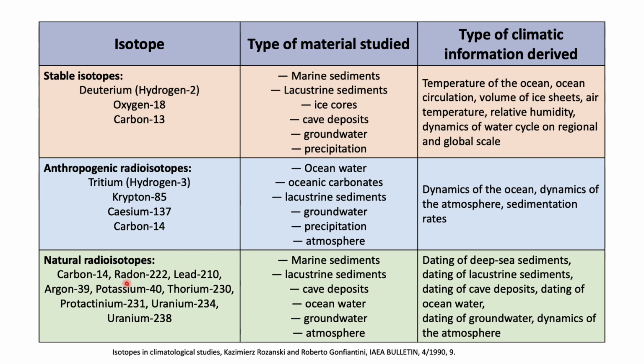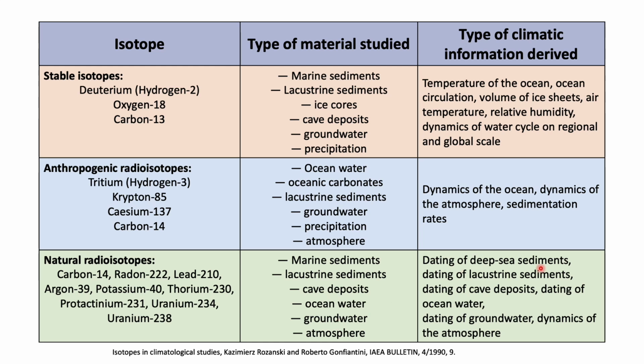And there are other natural isotopes, which are carbon 14, radon 222, lead 210, argon 39, potassium 40, thorium 230, protactinium 231, uranium 234 and uranium 238. So these are all the natural isotopes. These can also be used to study marine sediments, lacustrine sediments, cave deposits, ocean water, groundwater and atmosphere.